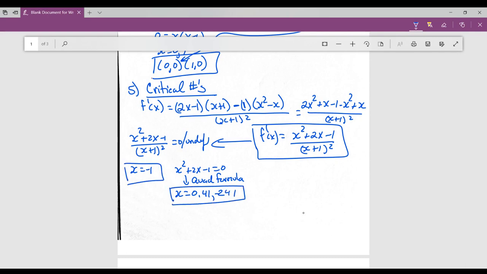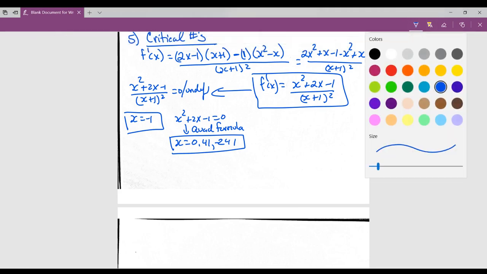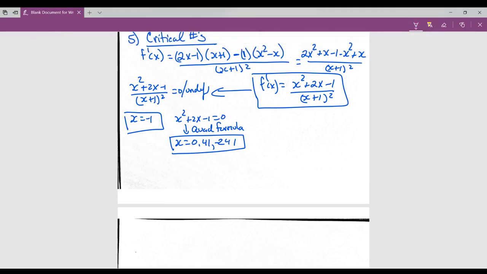So those are all your critical numbers. You can do that on your own. I am not doing that. And on a test or a quiz or something, if we were in class, obviously I would give you something that factors.